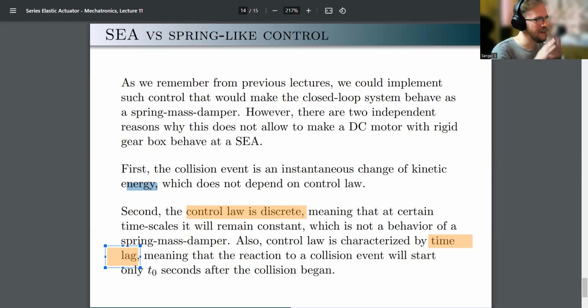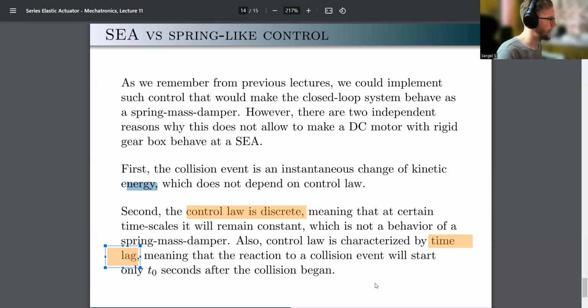So you have a variety of tasks. For some tasks, it makes perfect sense to use series elastic actuator because it's just better suited. It actually protects you from real sharp collisions. Sometimes you don't have real sharp collisions, so you don't have this need. You need to be careful, right? You need to be careful to differentiate between them and to make your choices.